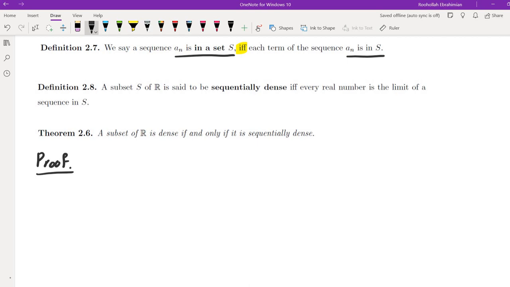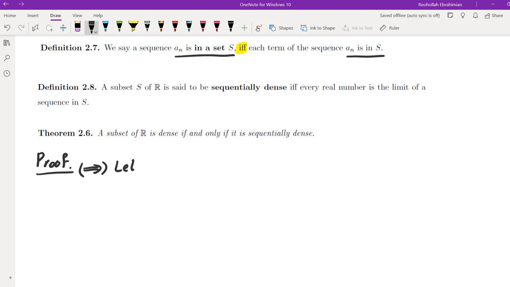This is an if and only if statement, which means we would have to prove two different if-then statements. The first one is the forward direction: if a subset of R is dense, then it is sequentially dense. So I'll start by assuming that subset S is dense.